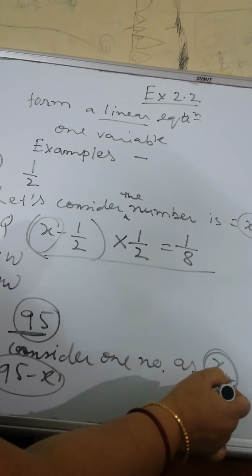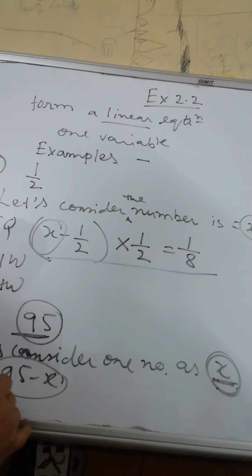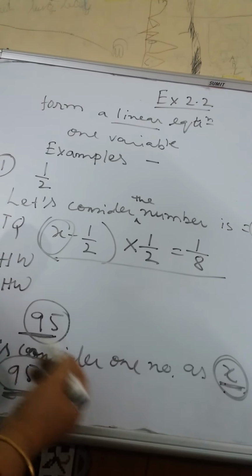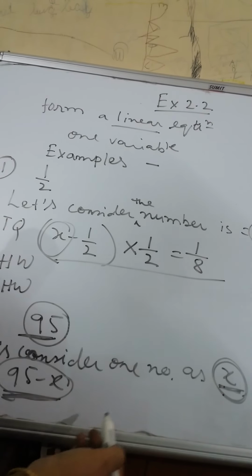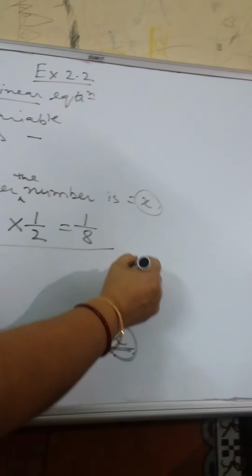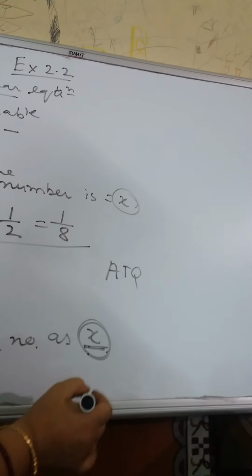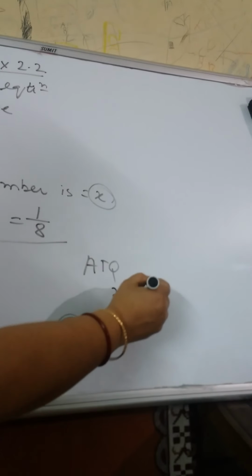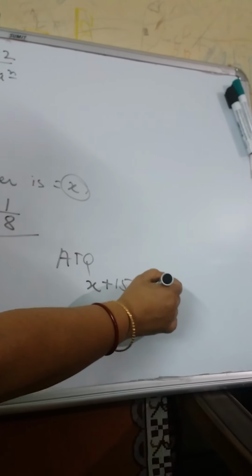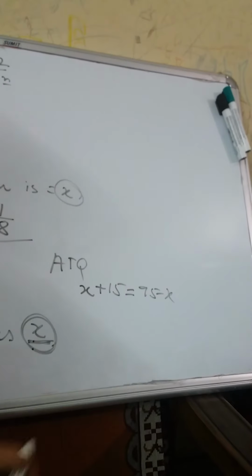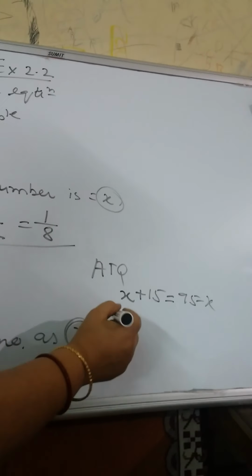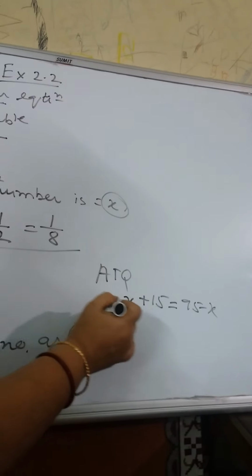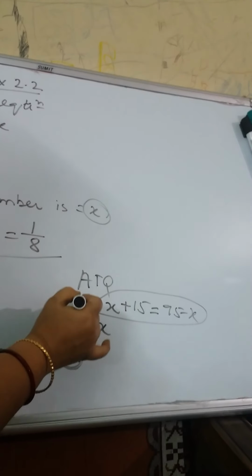So according to the condition given, you can write x plus 15 equals to 95 minus x.